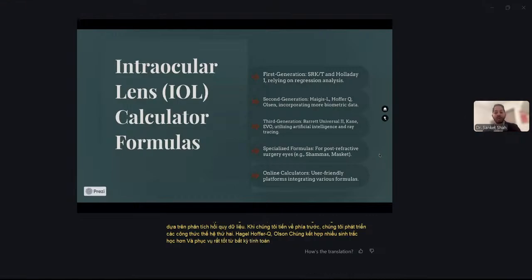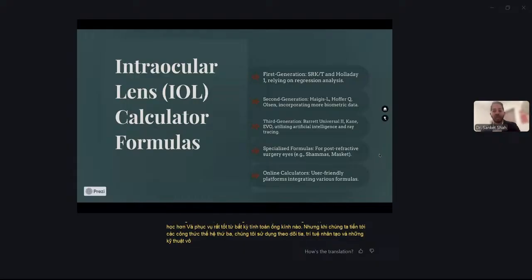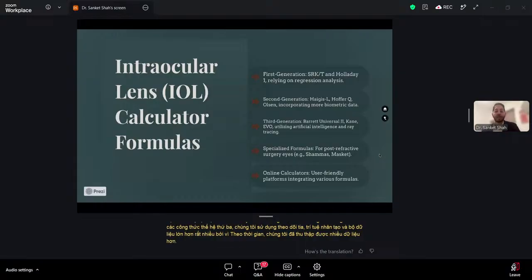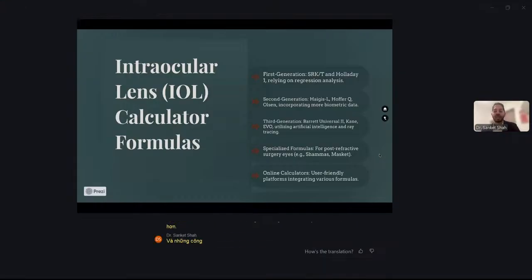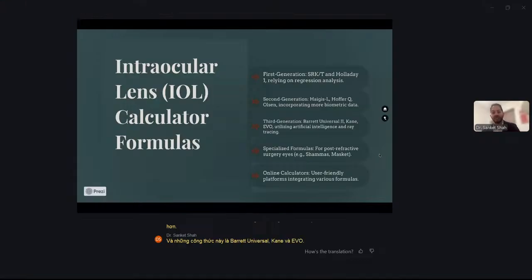But as we move into third generation formulas, we use ray tracing, artificial intelligence, and vastly greater data sets, because over time we were able to collect so much more data. These formulas are the Barrett Universal, Kane, and EVO, and these are vastly used.